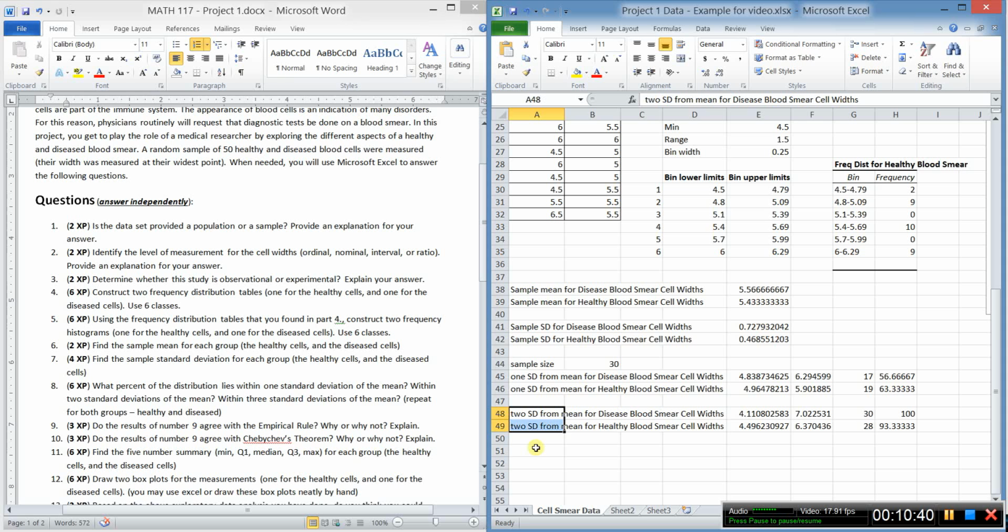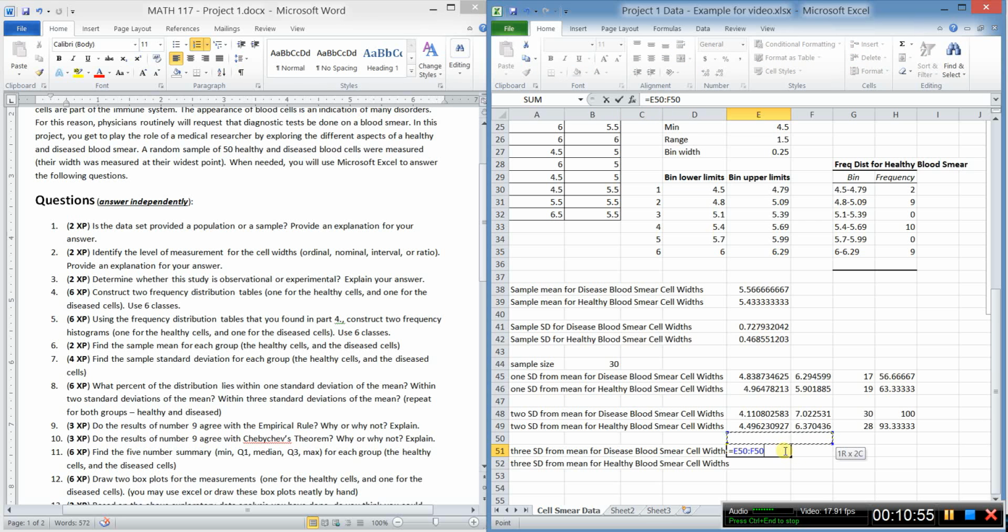Okay, lastly, I just need to do this again for 3 standard deviations from the mean. So the mean minus 3 times the standard deviation. This one would be the mean minus 3 times the standard deviation for the healthy.